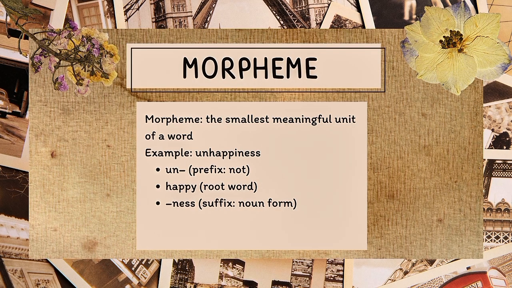First, un, which means not. Second, happy, which is the base word. Third, ness, which changes an adjective into a noun. So the word unhappiness is not just one single unit. It is formed by combining several morphemes that work together to create meaning.